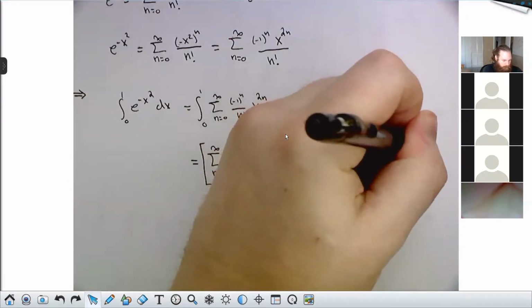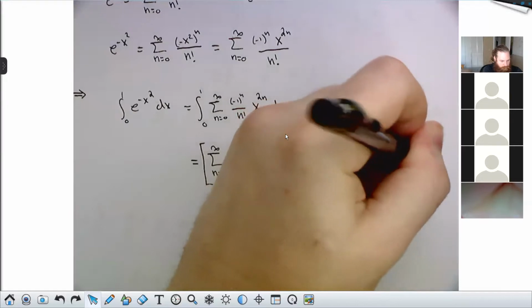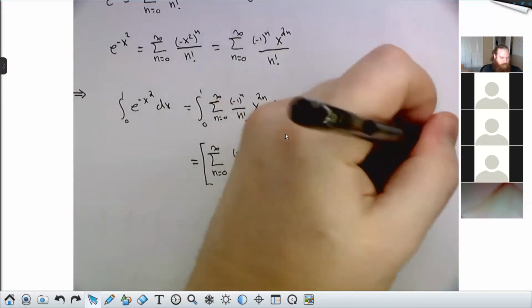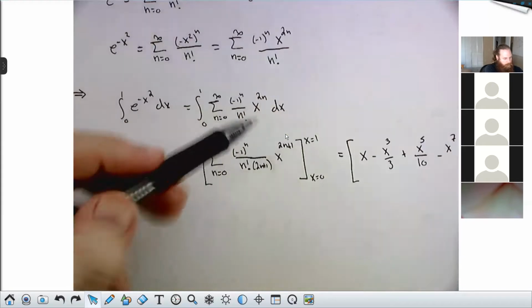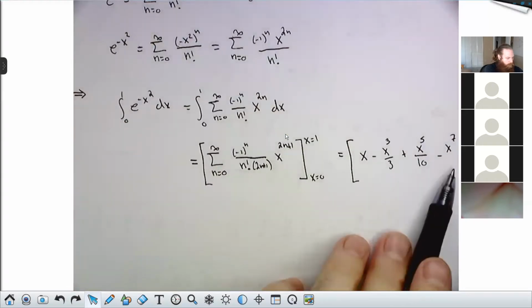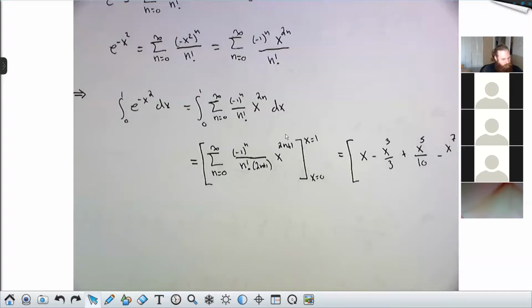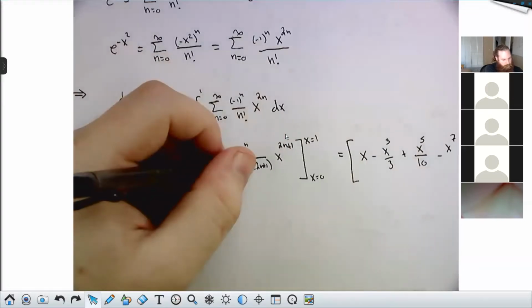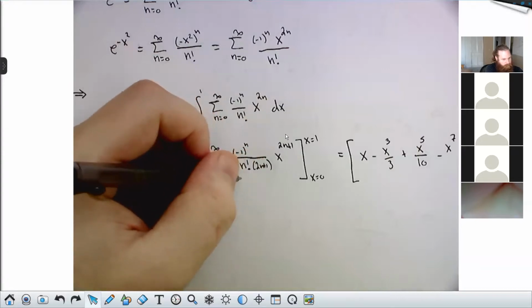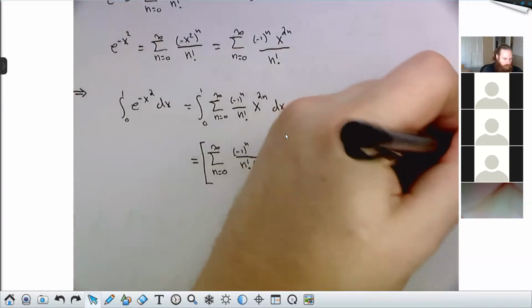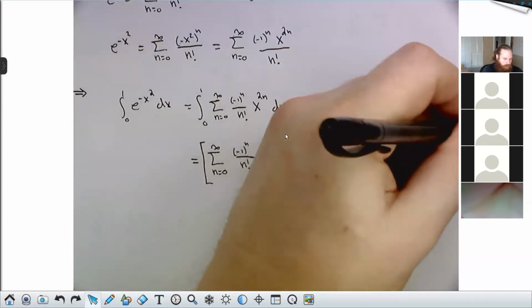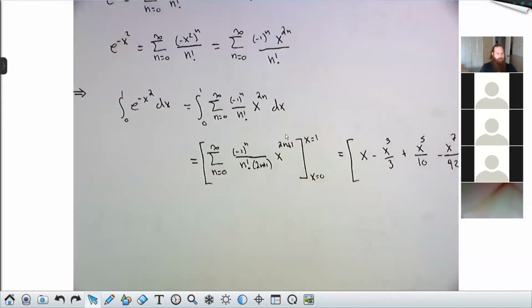That's x to the 5 over 10, and then minus will be x to the 7 over 3 factorial times 7. 3 factorial is 6, and 6 times 7 is 42. We're evaluating this from 0 to 1.